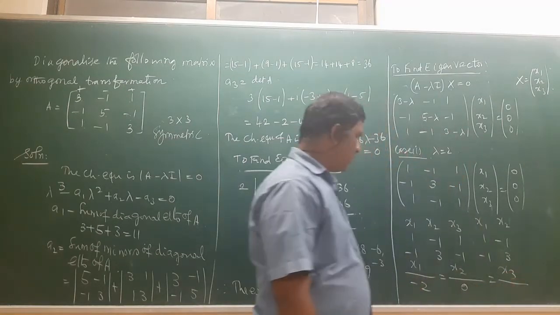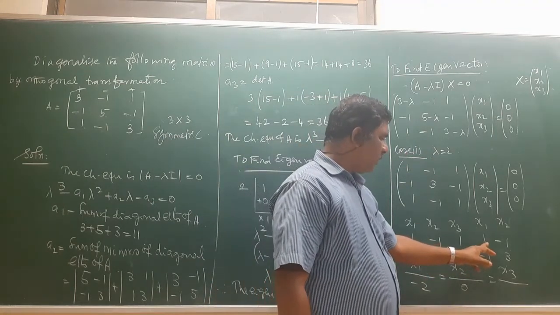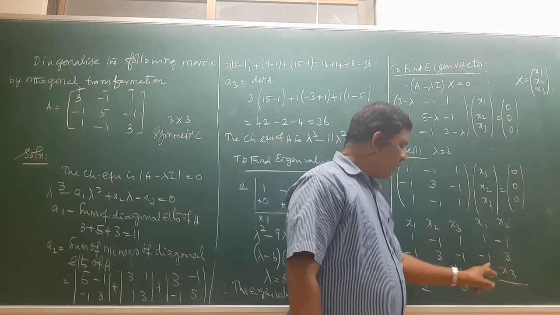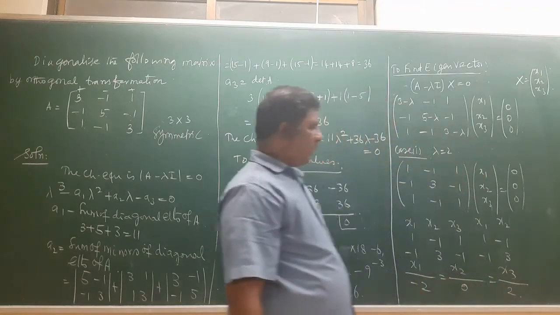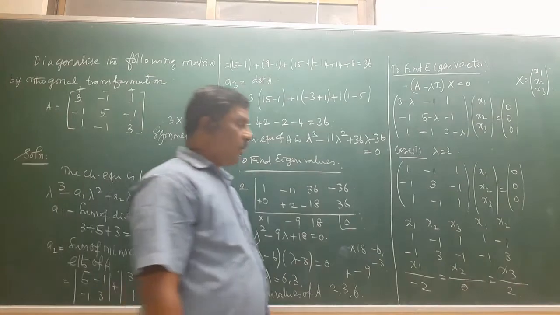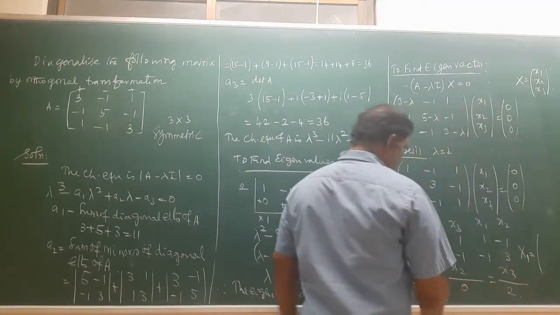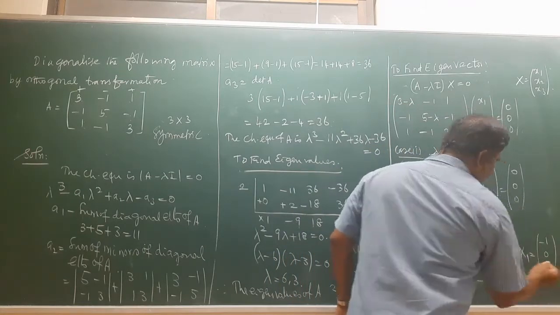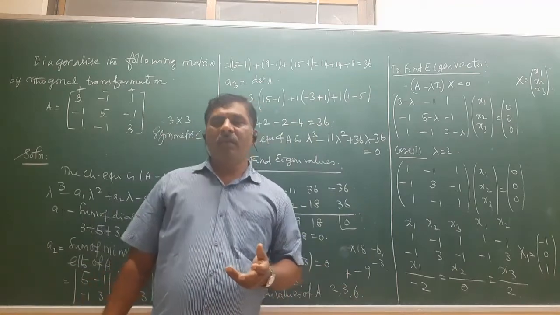For x3, leave the x3 column and find the determinant: 3 minus 1, 2. So what is the eigenvector here? The first eigenvector x1 equals minus 1, 0, 1. Okay, very easy to find the value here.